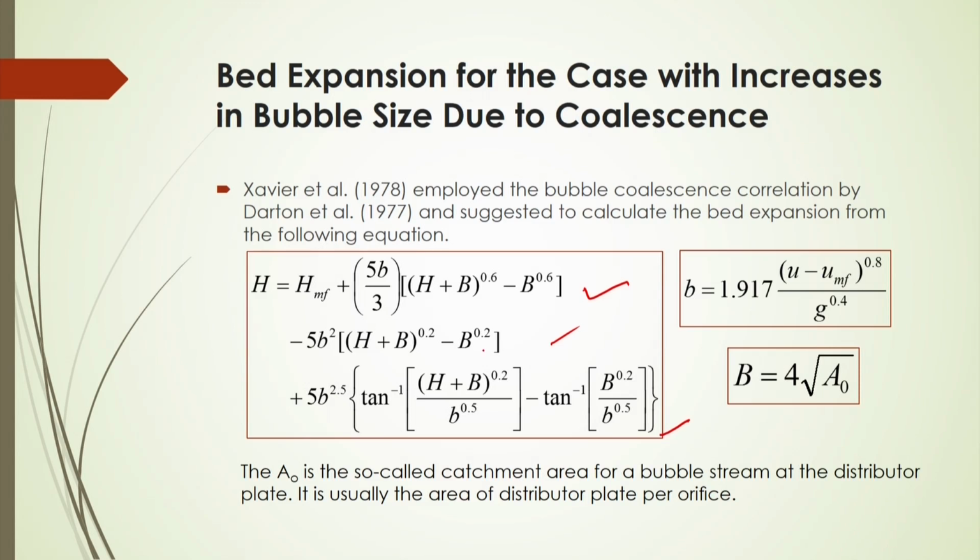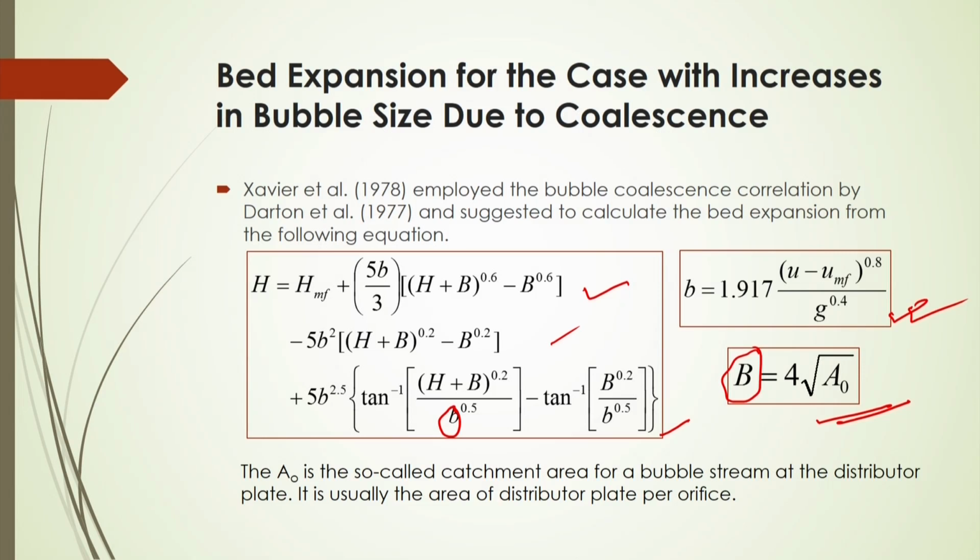Here the important parameter is B. B is the parameter which depends on the gas velocity, and also another important capital B here. This B is a function of A0. A0 is called the catchment area of the bubble stream at the distributor plate. That means the bubbles will come to each other immediately to get the bigger bubbles there.